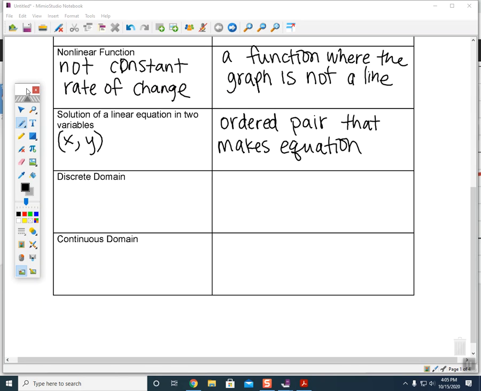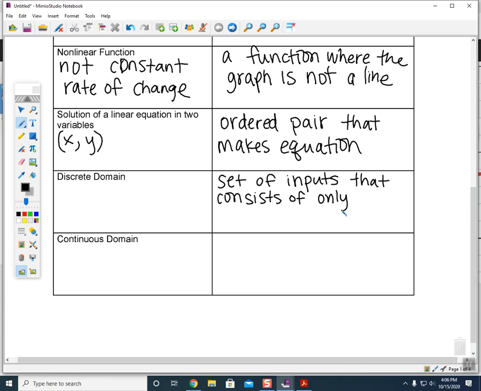A discrete domain is a set of inputs that consists of only certain numbers in an interval. And I'll show you what I mean.